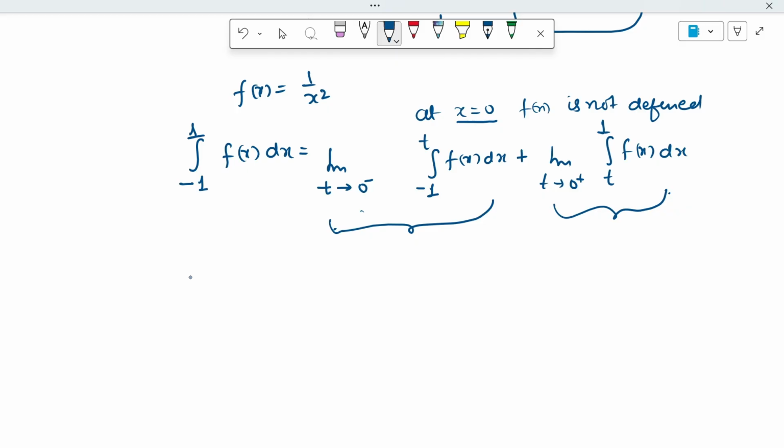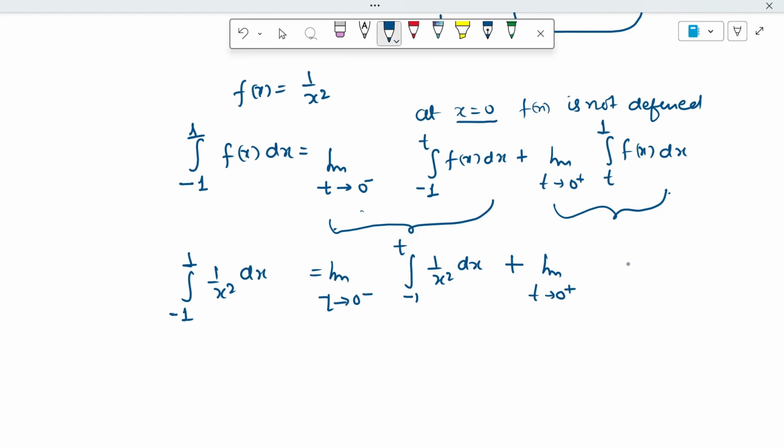So let me solve this, -1 to 1 of 1 upon x square dx. So we will take a variable t, that is t tends to 0 minus, and this will be -1 to upper limit t, 1 upon x square dx, plus limit t tends to 0 plus, so we have t to 1, 1 upon x square dx.